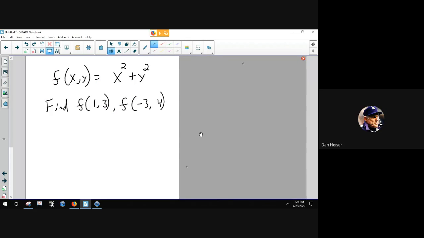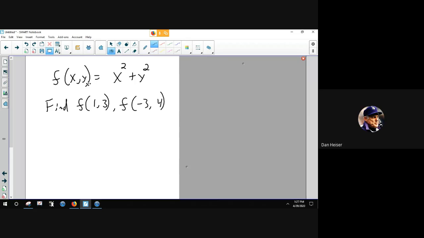Here is something that we don't encounter much in pre-calculus, but this is something you may encounter down the road sometime. And that's a function of 2 variables. And just to show you that it's not extremely difficult to handle, let's do an example here. So here I have f of x, y.